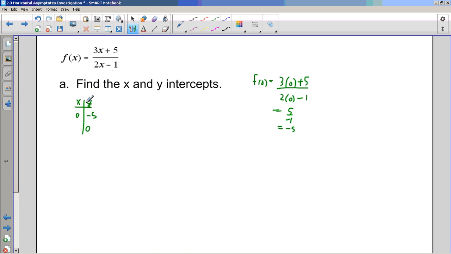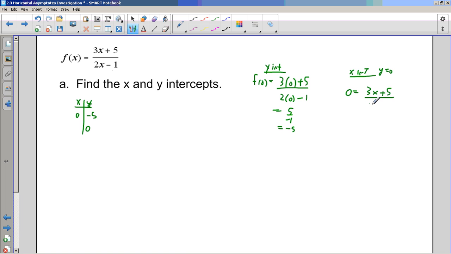The one that's maybe a little bit tougher for us is the x-intercept, or the roots, when y is 0. So this was the y-intercept. Here's the x-intercept, where we're going to do that calculation. The x-intercept is when y equals 0. So when y is equal to 0, that's when this part is equal to 0, and we get a rational equation.